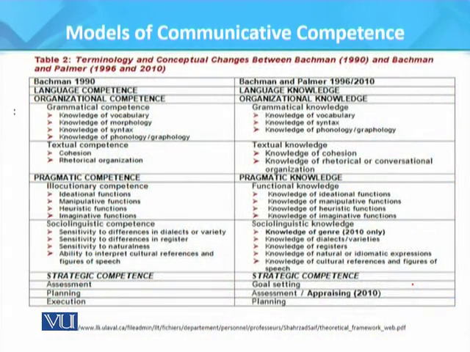Let's try to understand the changes that took place in the second model, introduced by Bachman and Palmer. This was the model in 1990, which we have discussed, and this was introduced in 1996 and further modified in 2010. Here you see that language competence was changed into language knowledge.